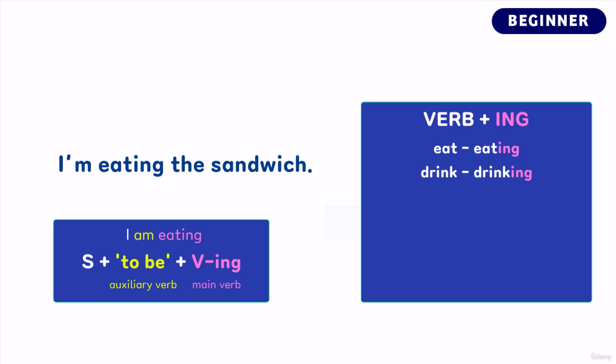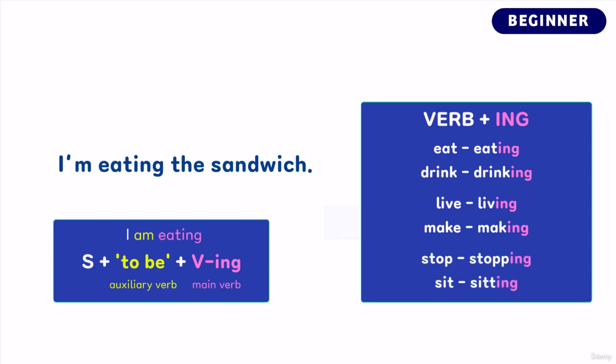Finally, adding ing to a verb is generally quite simple. We mainly just add ing to verbs, but there are some verbs where we need to add more than just ing. For example, if a verb ends in the vowel e, we remove the e and add ing. So live becomes living and make becomes making. Also, if a verb ends in a consonant-vowel-consonant combination, we double the final consonant and then add ing.